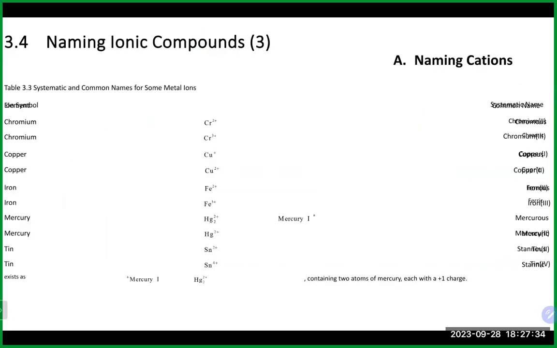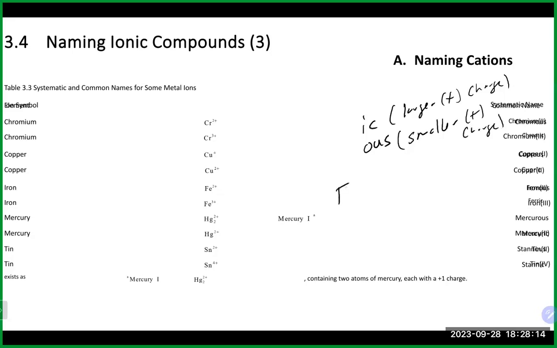You have a much nicer table, I think, than whatever this table ended up being. I think it's on your notes much better than this. It shows there is an older way that sometimes people will name metals that can have a variable charge. For example, -ic or -ous is typically how the older names end. -ic is usually the larger positive charge, and -ous is the smaller positive charge.